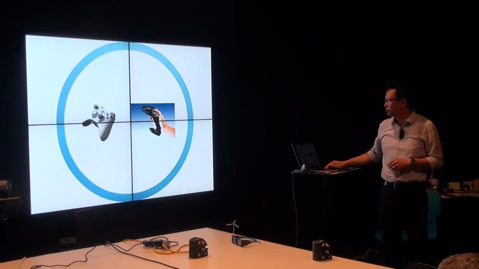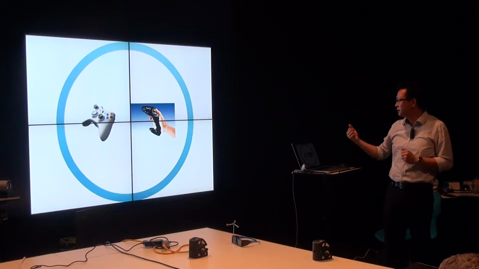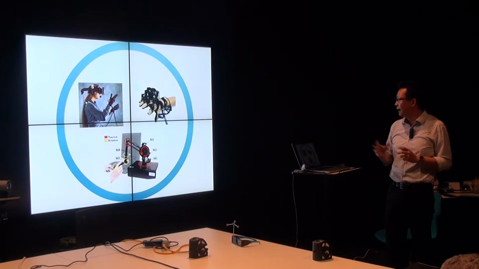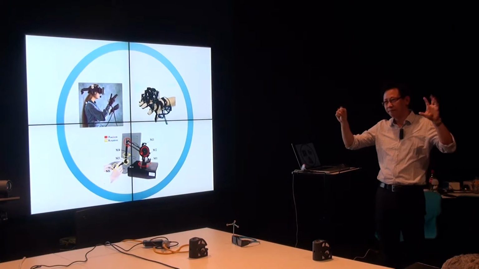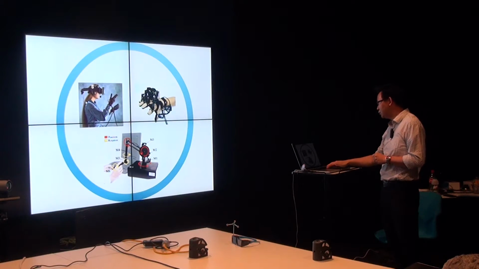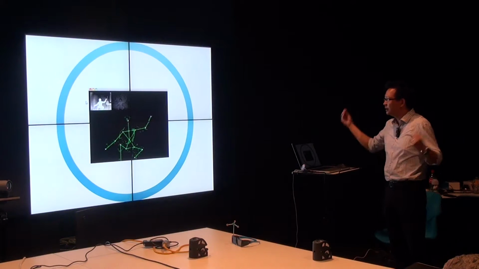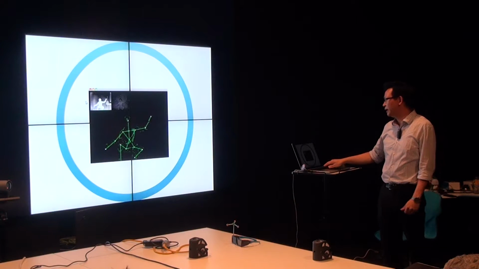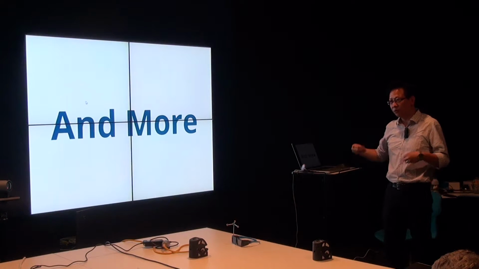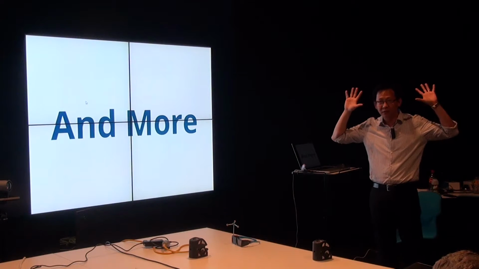This is just a normal Xbox controller, and we have some gloves. You can use them to simulate the movement of your fingers, and Kinect uses your body as an input. And there's more, because you have to put sounds on.